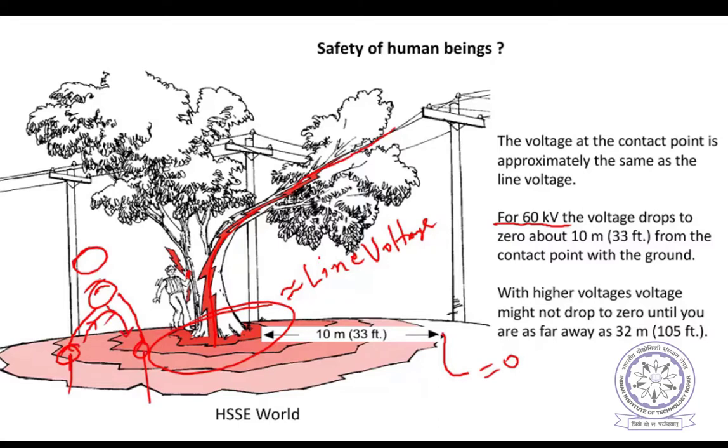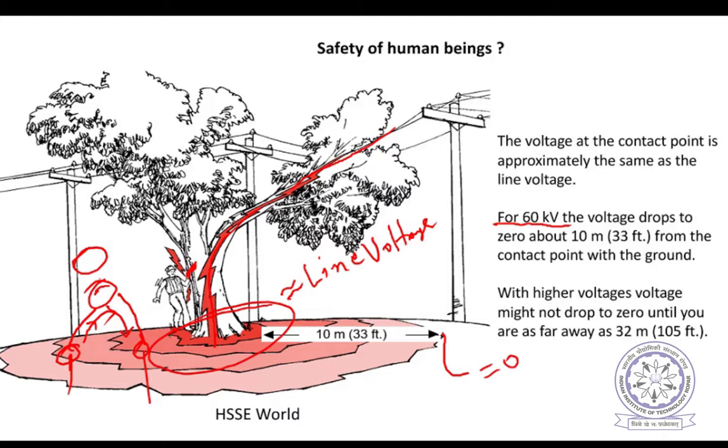The potential difference actually causes fatality. So here, if a man is touching this tree at this point and his legs are on the ground, then there is a potential difference, and obviously it will cause a huge current to flow, and it may be fatal to him.